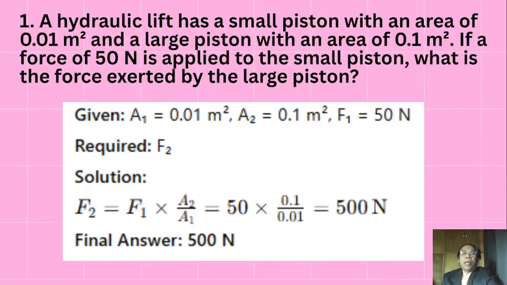Given: A1 is 0.01 meters squared, A2 is equal to 0.1 meters squared, F1 is equal to 50 Newton. Required: F2. Therefore, use the formula F2 is equal to F1 times A2 over A1 and substitute the given data. The final answer is 50 Newton.